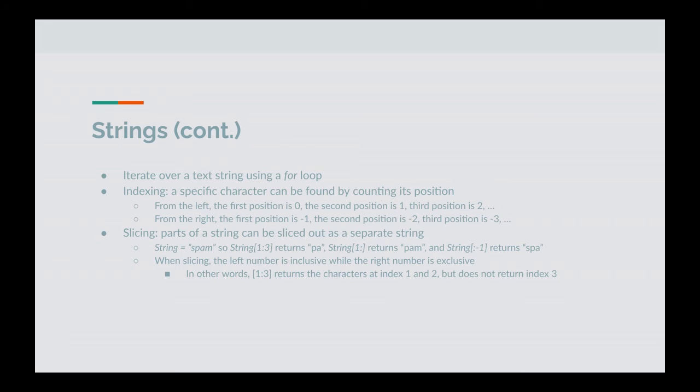Indexing. To access a specific character within a string of characters, then you tell Python what that position is. So starting from the left, the first position is going to be 0. So if you have a text string of ABC and you count it, it's 0, 1, 2.